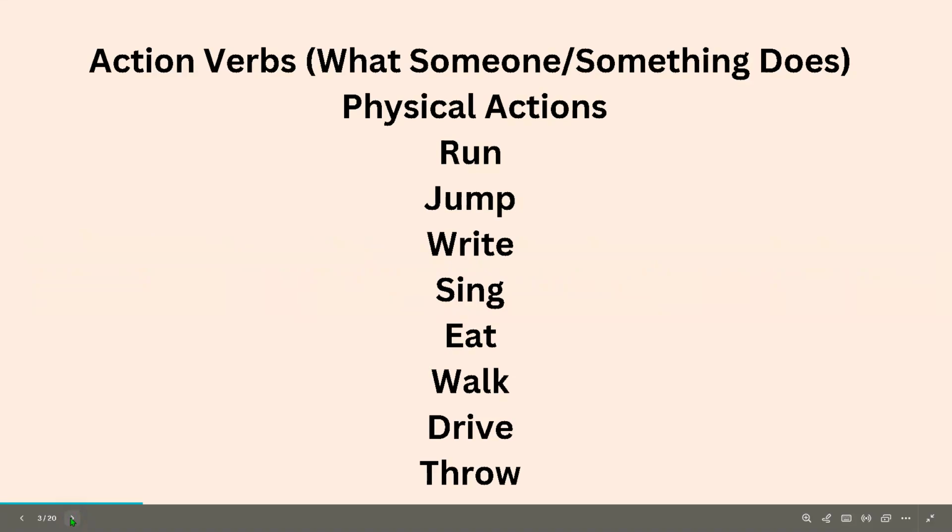So, action verbs. In this, we find physical actions. We will be finding different words like run, jump, write, sing, eat, walk, drive, throw.